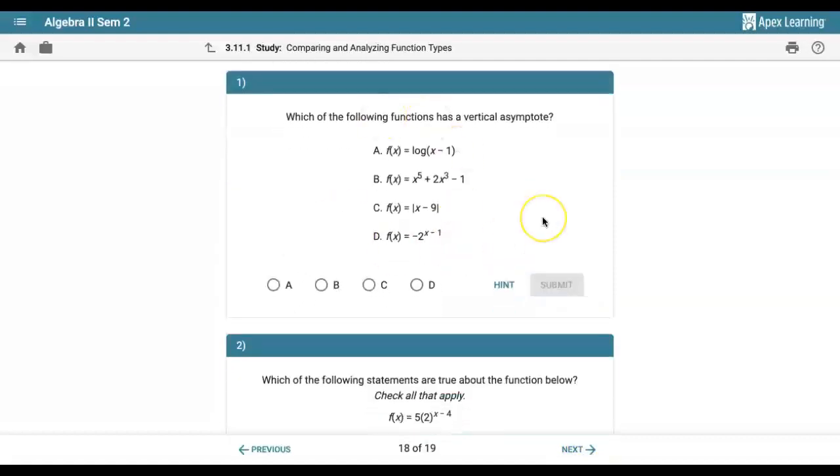Then answering the question of vertical asymptotes, you could just plug these very easily into your graphing calculator and see which one does have the vertical asymptote, or you can know some behaviors of these different graphs. So what does a logarithmic graph look like versus a graph with a degree of 5 versus an absolute value? That kind of stuff.